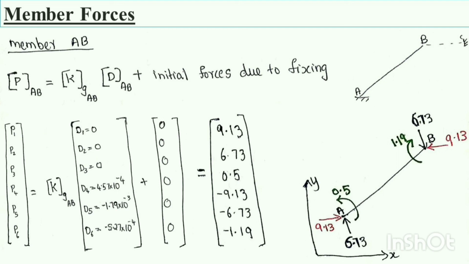Since there are no member forces, the forces due to fixing will be 0. So after multiplying these matrices, we will get the forces as 9.13, 6.73, 0.5, minus 9.13, minus 6.73, minus 1.19. In the figure, you can see these forces marked in global XYZ direction.